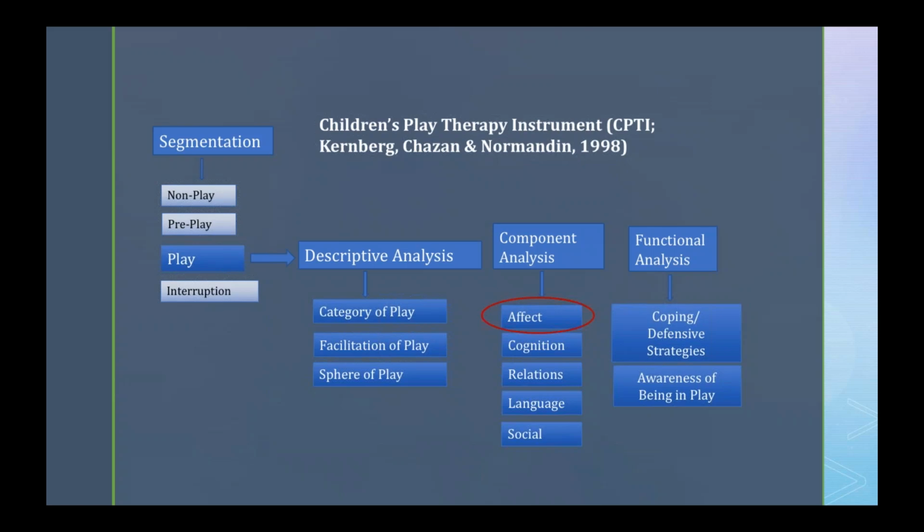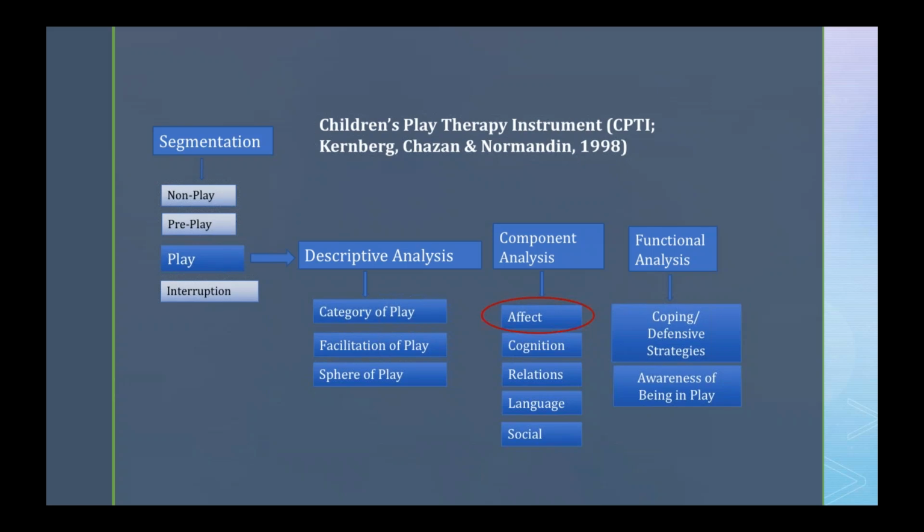So I was aware of this item and thought that it was really complex to codify the whole structure, but also thought that it was really useful to see the structure of play, the whole instrument. So I wonder if there is any way of being trained in the whole instrument.